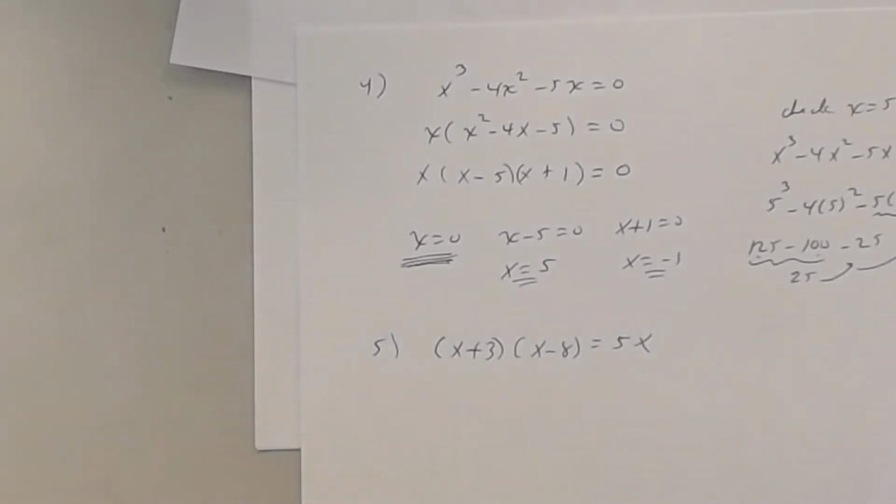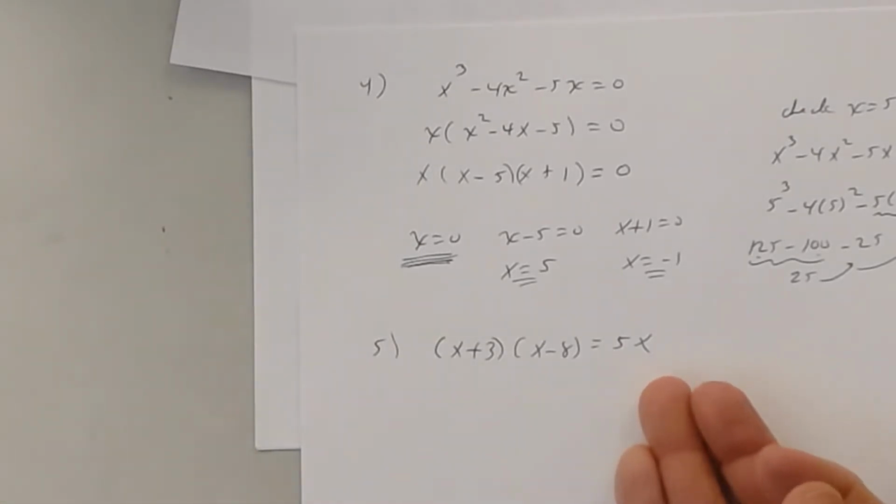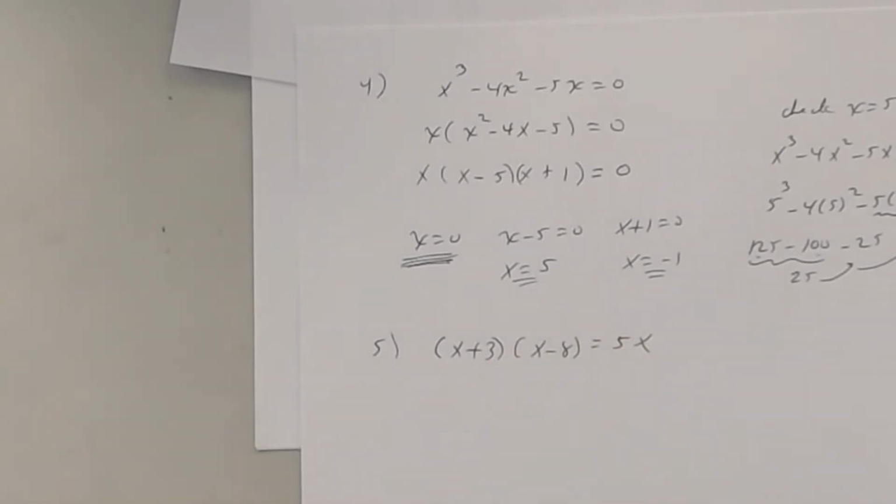Hence the phrase, the zero factor property, a product that's equal to 0. But that's not the 0 here. What is that? 5x. So we've got to think about how we're going to approach this. I can't say x plus 3 equal 5x, x minus 8 equal 5x. So if I'm using the zero factor property, it's got to be 0 on the other side.